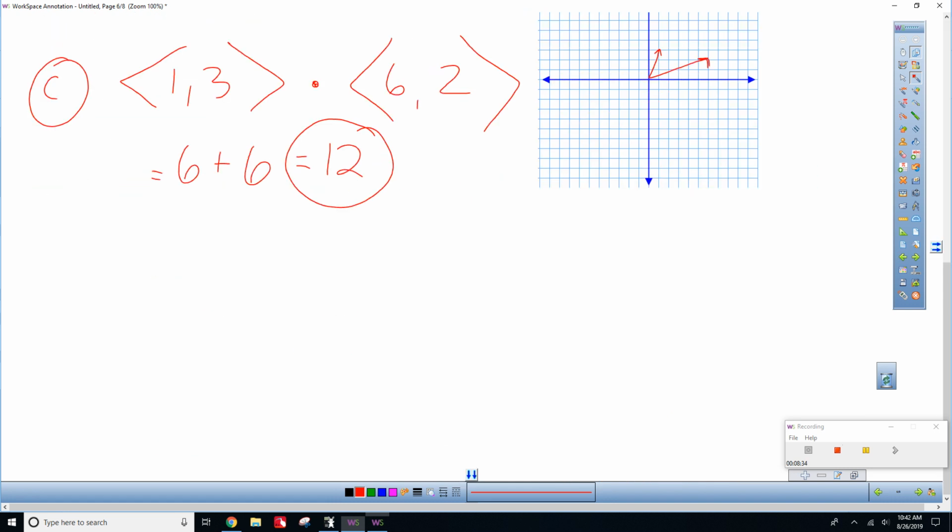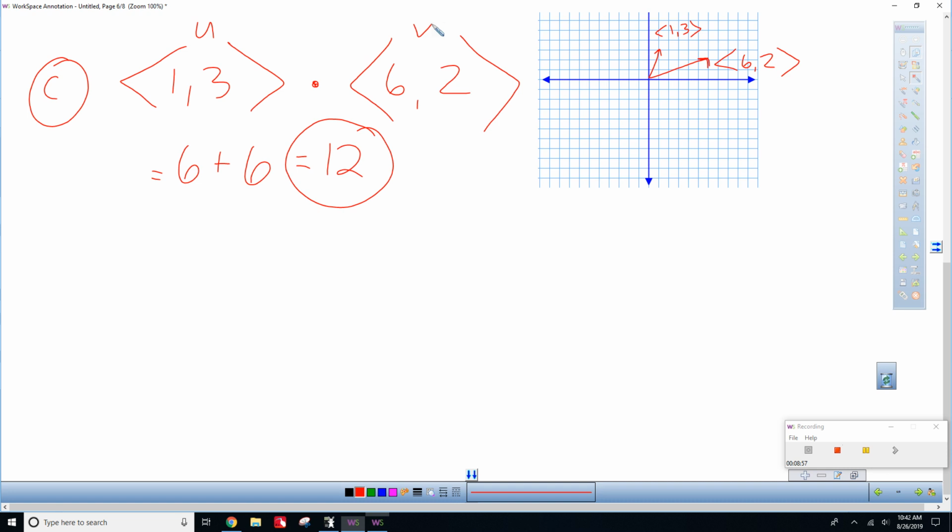This is the vector 1 comma 3. Oops, I always do that. And this is the vector 6 comma 2. You will see that the angle between them is acute. Okay? In this case, this would be u and this would be v.